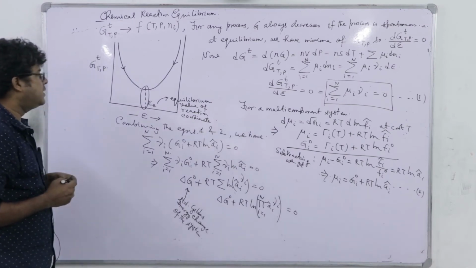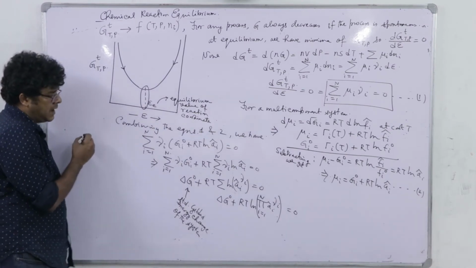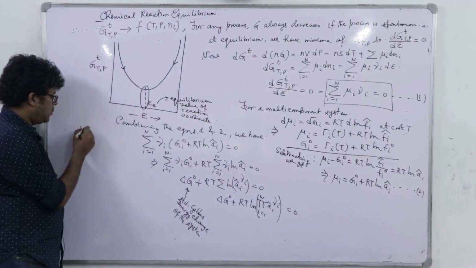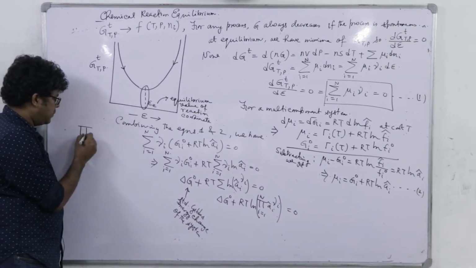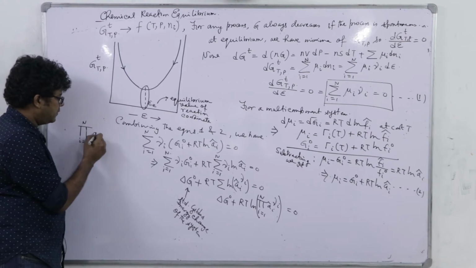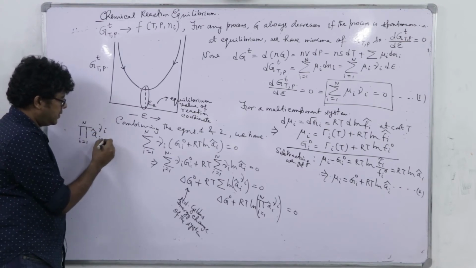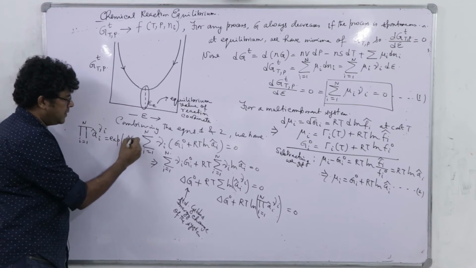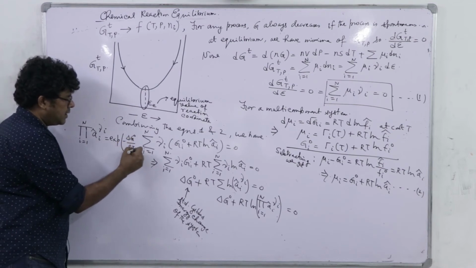So what we will get here is this group of activity ratio, because I will show you this is equal to exponential of minus delta G naught by RT.